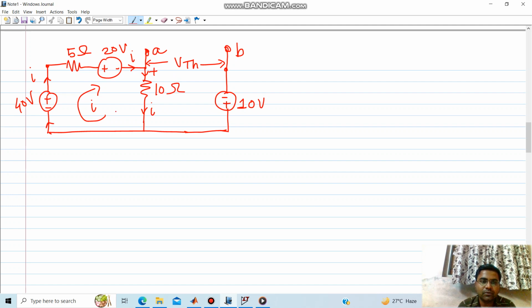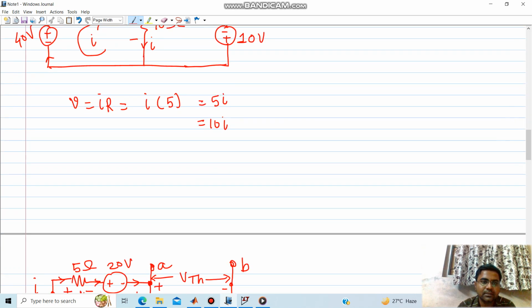We have to first find the current I, and for that I can assign the current like this, and I can assign a sign across all the resistors. Now the drop across the 5 ohm can be calculated as per Ohm's law, V equal to IR. The current flowing through this 5 ohm and 10 ohm is common, that is I. So in case of 5 ohm, 5I will be the voltage drop, and in case of 10 ohm, 10I will be the voltage drop.